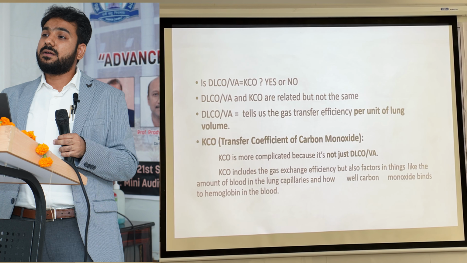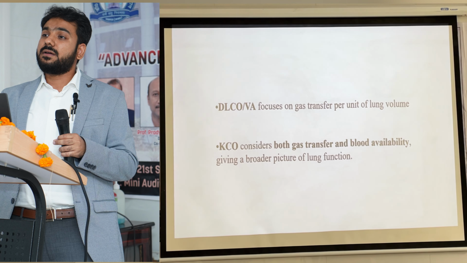It is a bit difficult to understand, but I want to give you the message that DLCO upon VA equal to KCO is not true. Although it is said like that, there are other factors which are not in DLCO upon VA, and KCO is much more complicated than that.